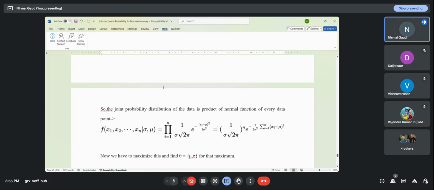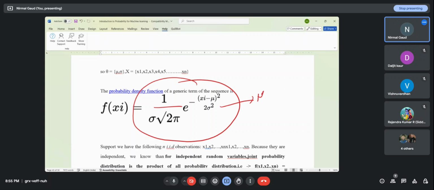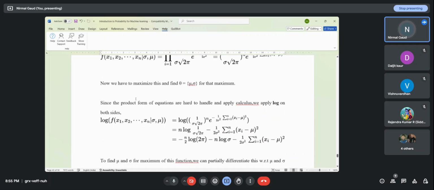Either you can take, for example, a function. They have taken a function. This is your normal equation. You can say that this is a likelihood function, and you can differentiate it with respect to the parameters. Here they have performed the differentiation.